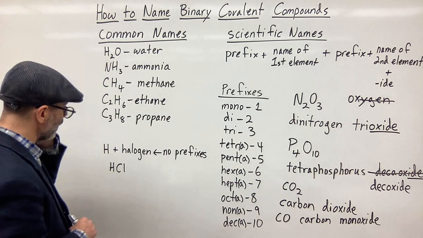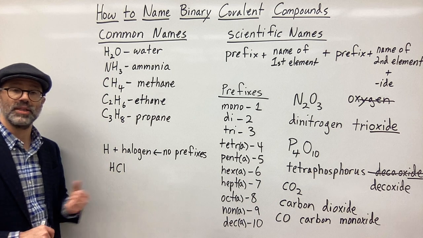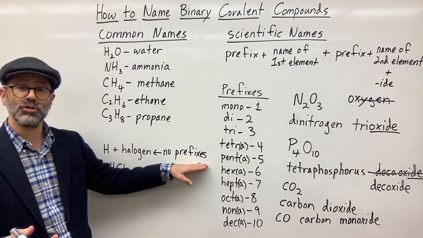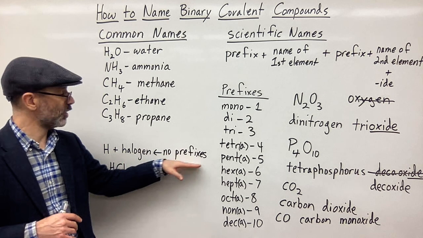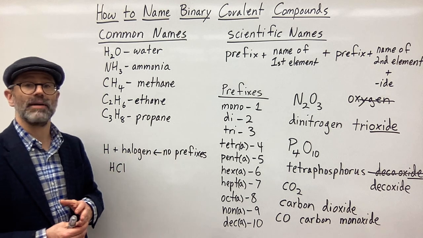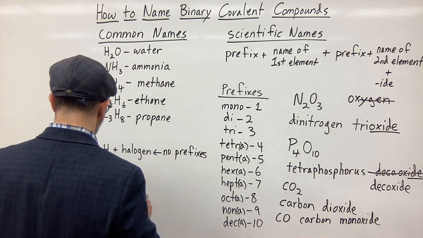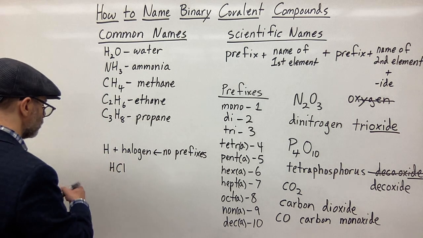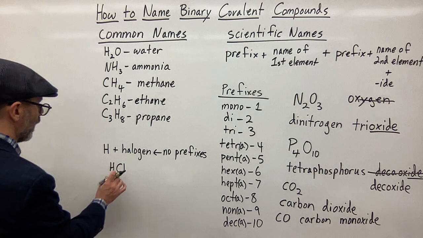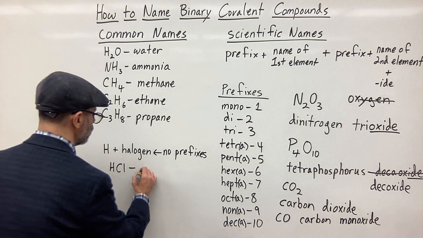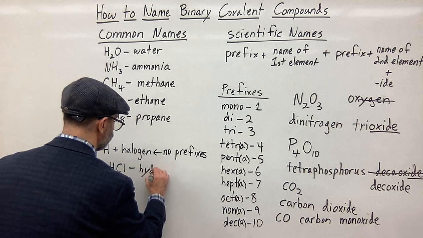Okay, so back to our hydrogen plus halogen. Here, you don't have to use prefixes. A lot of times, you're not going to use prefixes for this, so you might run across the names of these in that way. So here I have HCl. The name of this would be hydrogen.